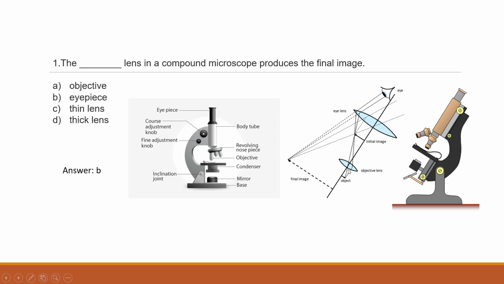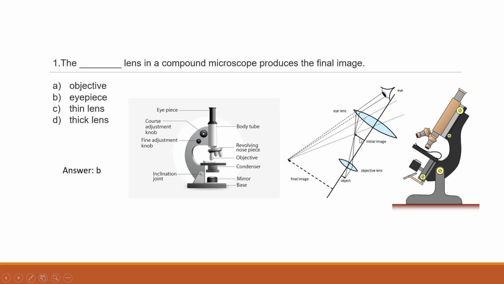From here, your rays are converging and your image is formed here, and from here again your rays will converge through your eyepiece lens. So your final image will be formed from your eyepiece lens.